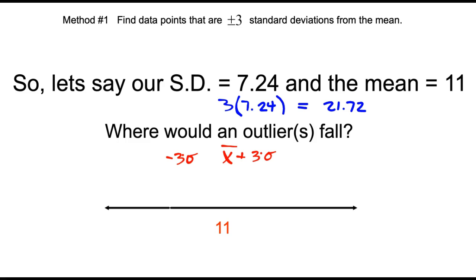And so what we do is we add 21.72 to the mean, which is 11, and then we subtract 21.72 from the mean, which gives us an upper boundary and a lower boundary of 32.72. And if we take 21.72 away from 11, I get negative 10.72.